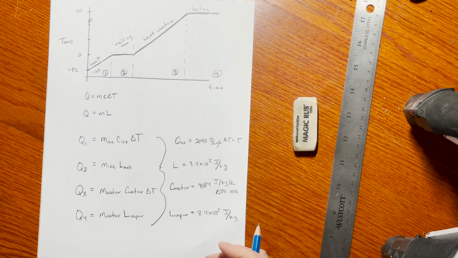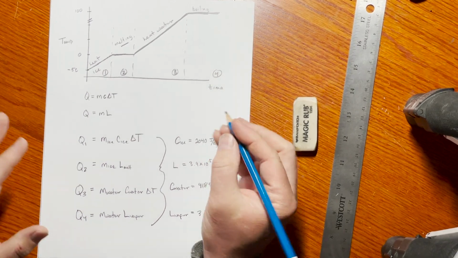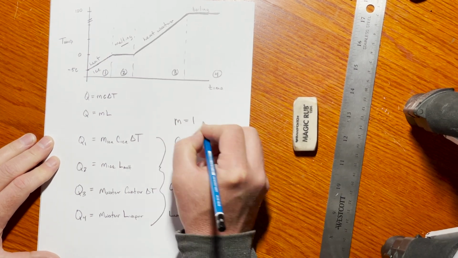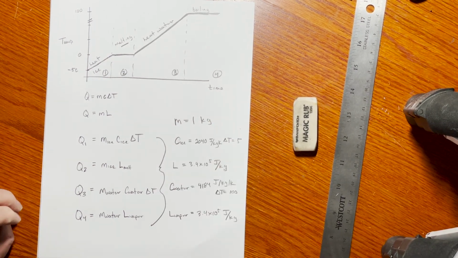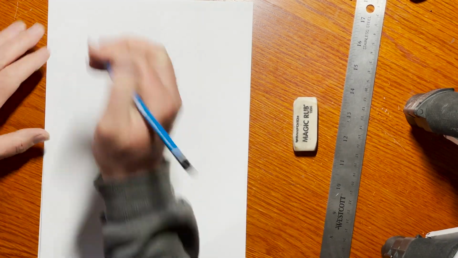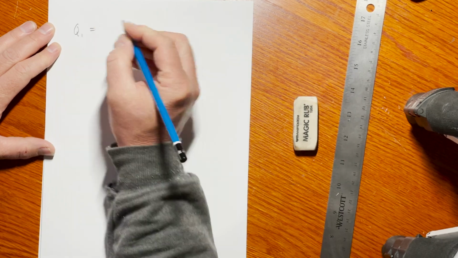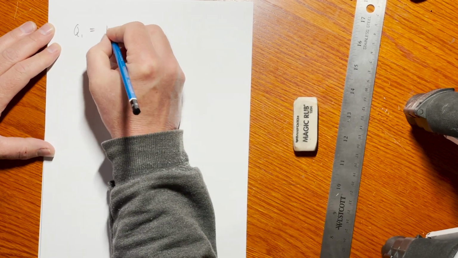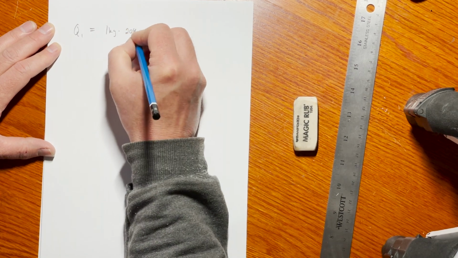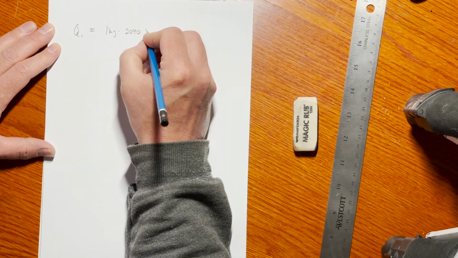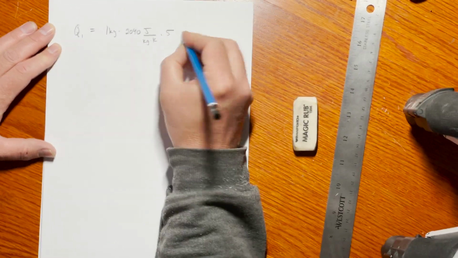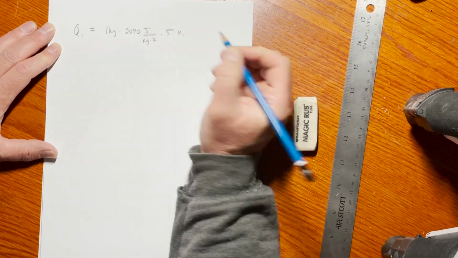And now we just have to ask ourselves, how much water are we interested in? So let's take 1 liter, which is 1 kilogram. So let's just look at a mass of 1 kilogram. If I want to go ahead and calculate those out, then my Q1 is going to be equal to 1 kilogram times 2040 joules per kilogram per Kelvin times 5 degrees Kelvin change.